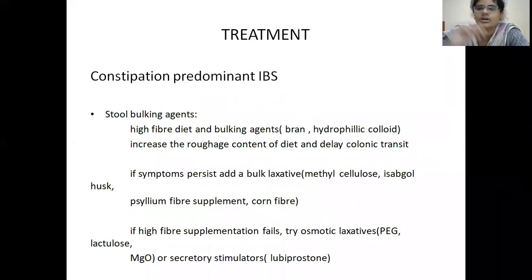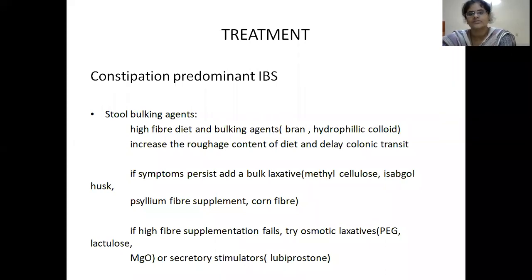The further treatment depends upon whether the patient has constipation predominant or diarrhea predominant IBS. For constipation predominant IBS, you want to increase the bulk of the stool. So use stool bulking agents, that is, advise a high fiber diet. Other bulking agents like hydrophilic colloid, bran. These increase the content and delay the colonic transit.